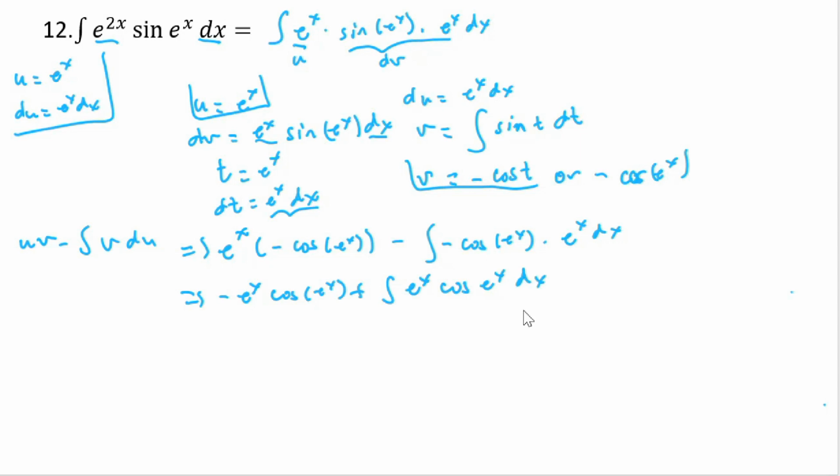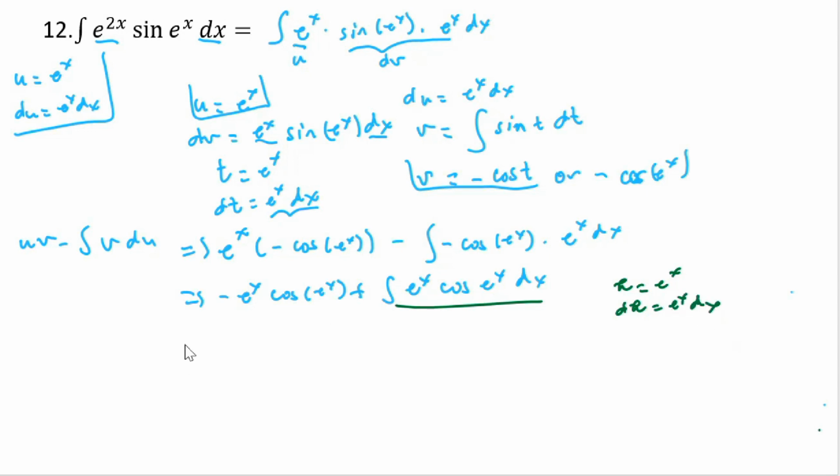So in this case, we're going to use substitution again. We're going to rewrite the given. I will let k is equal to e raised to x and dk is equal to e raised to x dx.